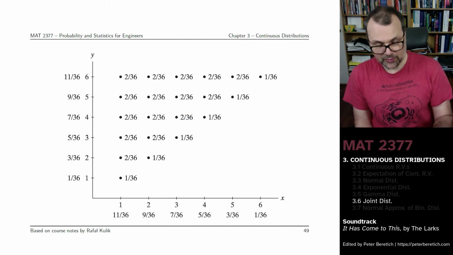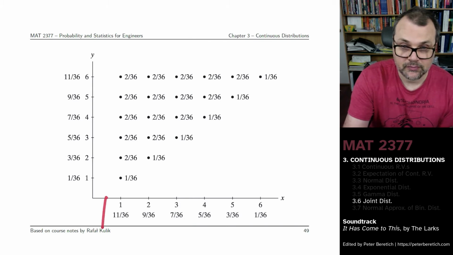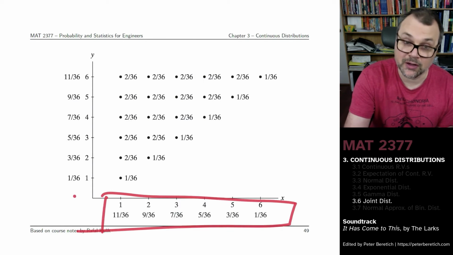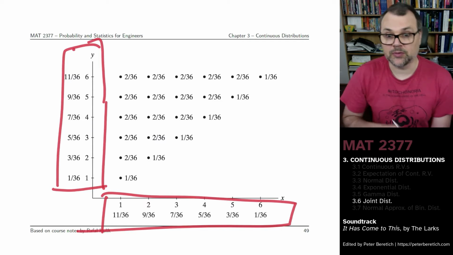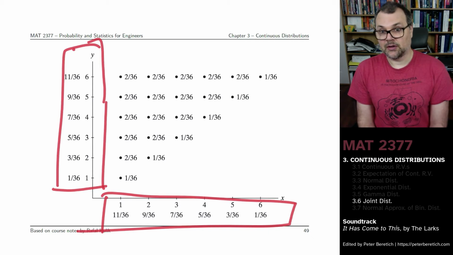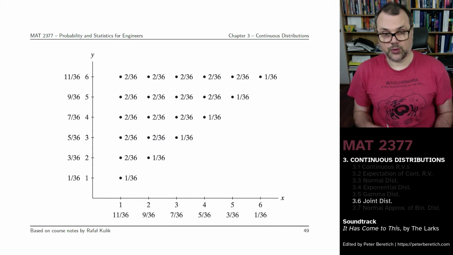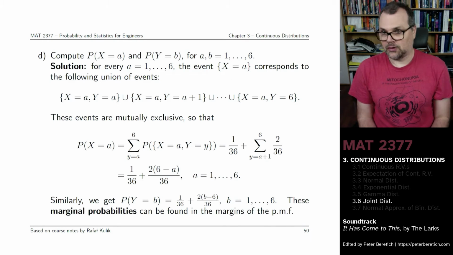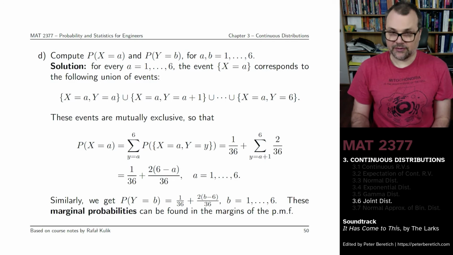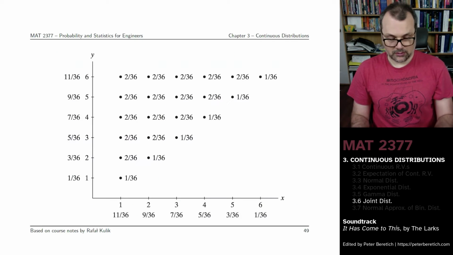These probabilities in the margin have a special name. We call them marginal probabilities. They're only applicable to instances where you have a joint distribution. Now, each of those is itself a probability density function. It has to be, right?